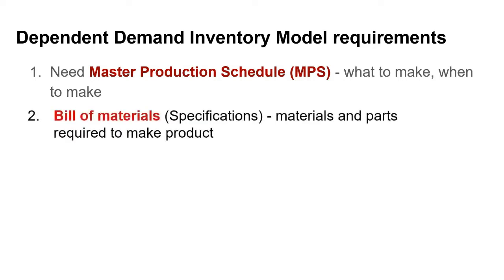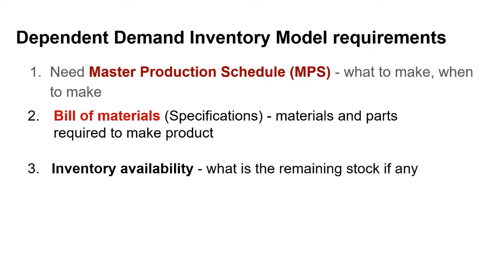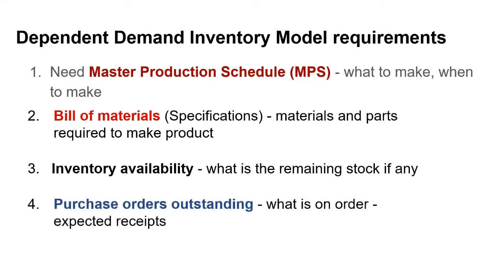We need bill of materials. Again, I'm repeating that. We are going to go through how to construct bill of material. Okay, inventory availability is information of what is remaining, and purchase orders outstanding is what is ordered, not yet arrived. You already ordered but not arrived, but that is called expected receipts.